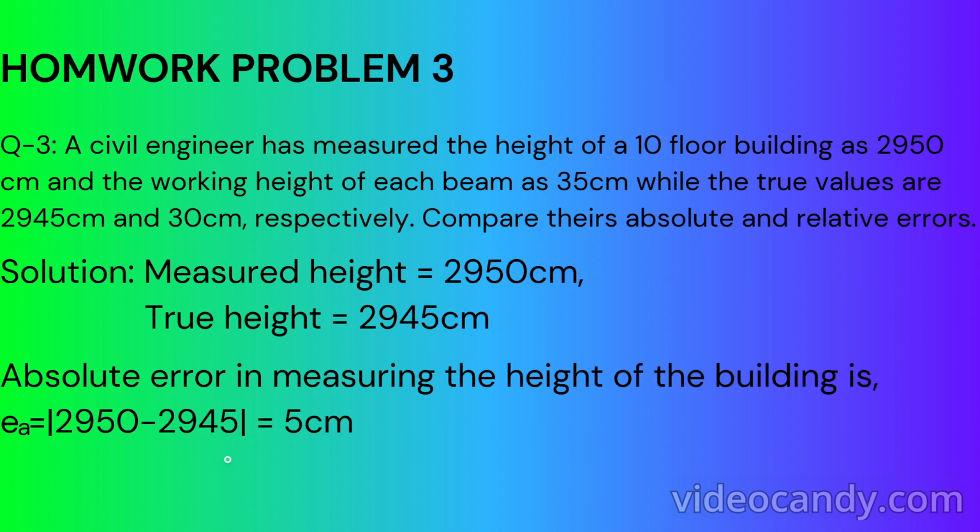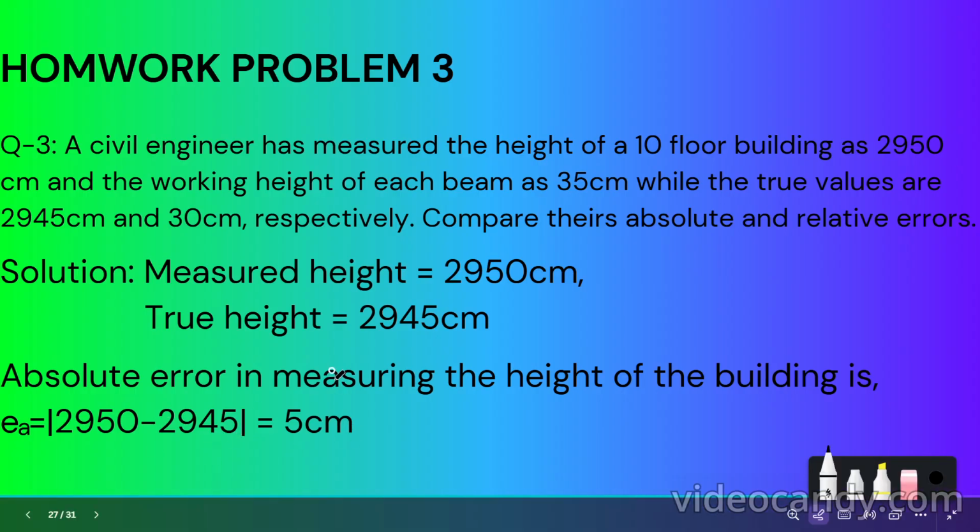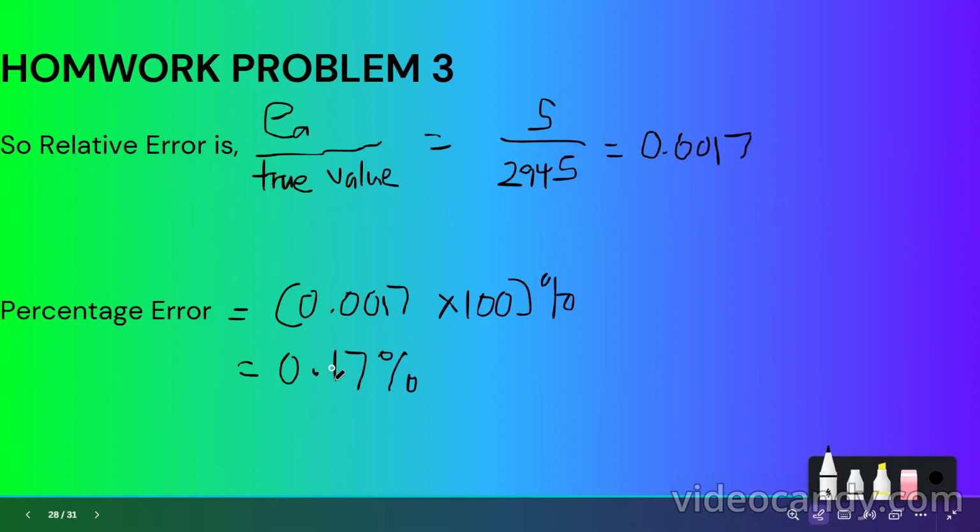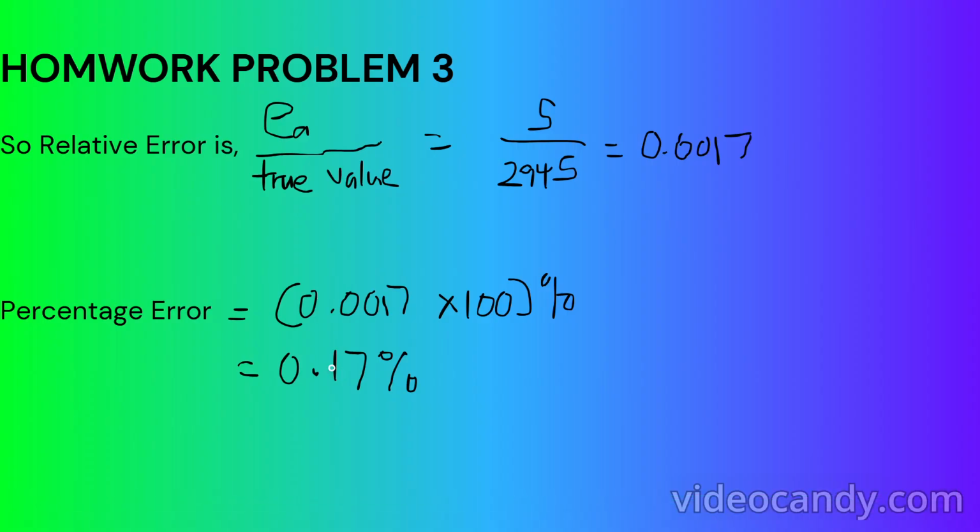Compare their absolute and relative error. Solution: measured height equal to 2950 centimeters and true height equal to 2945 centimeters. Absolute error is 2950 minus 2945 equal to 5 centimeters.